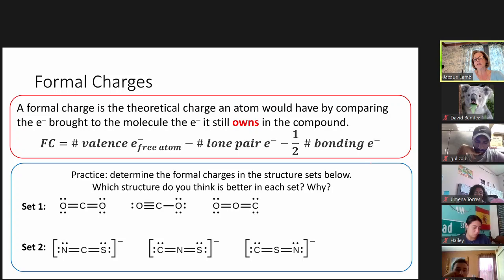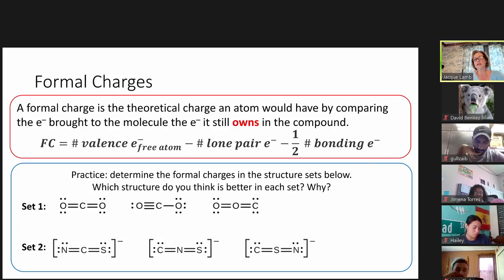Carbon still has 1/2 of each bonding pair, so it's 4 minus 4, so it still has a charge of 0. This oxygen over here came with 6. We subtract from that the lone pair and 1/2 of each bonding pair, which is 5. So this has a formal charge of +1.